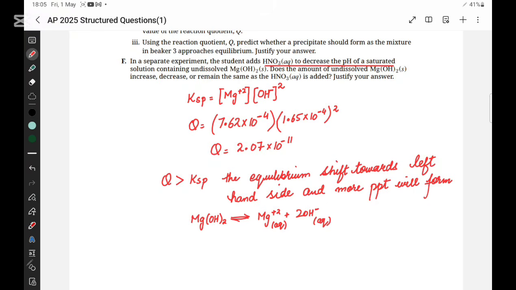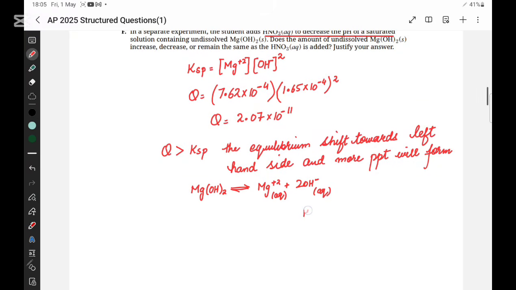When you add hydrogen ion, it is going to react with hydroxide ion and form water, and the equilibrium will shift towards the right hand side.